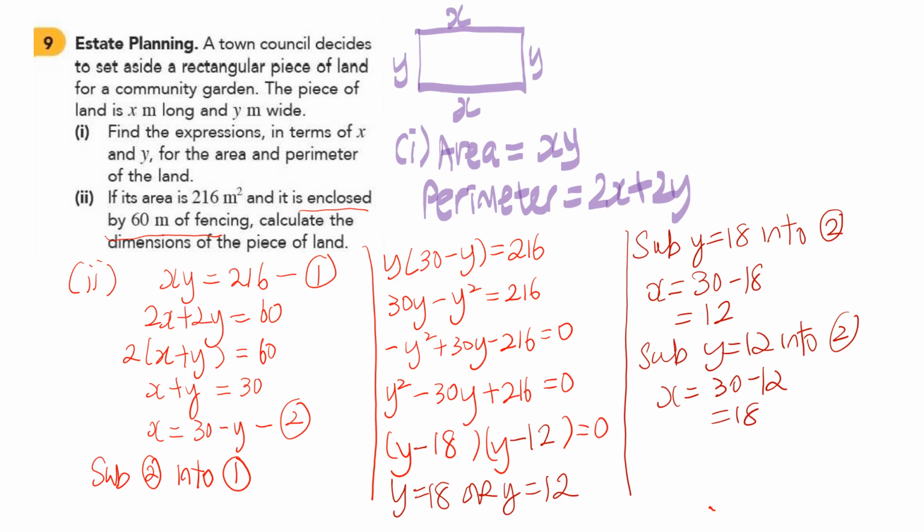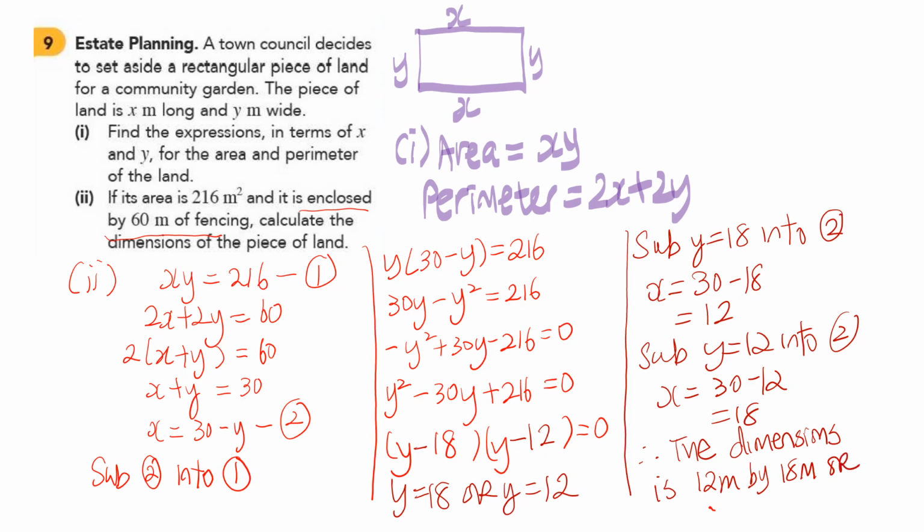So therefore, the dimensions, depending on what you let your x value be: if you let it be 12, then the dimensions will be 12 meter by 18 meter.